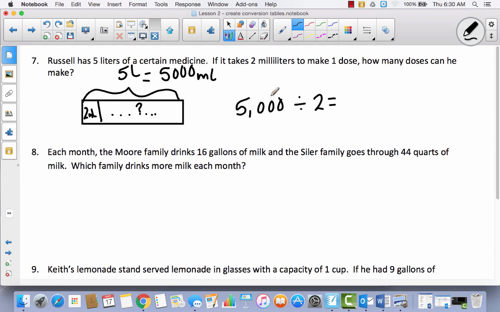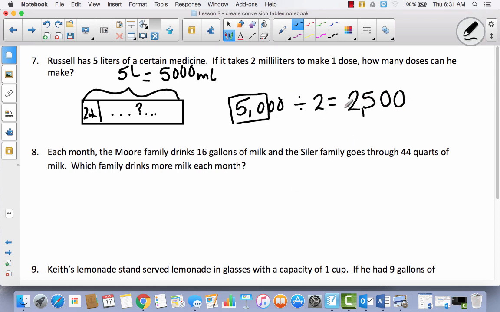So if you remember, when we have all these zeros, we can look at the basic fact. Now I can't take 5 and divide it by 2, but I can take 50 and divide it by 2. 50 divided by 2 is 25, just like money, 2 quarters and 50 cents. But then I've got these 2 zeros here. I have to add those to my answer because 2,500 times 2 does equal 5,000.